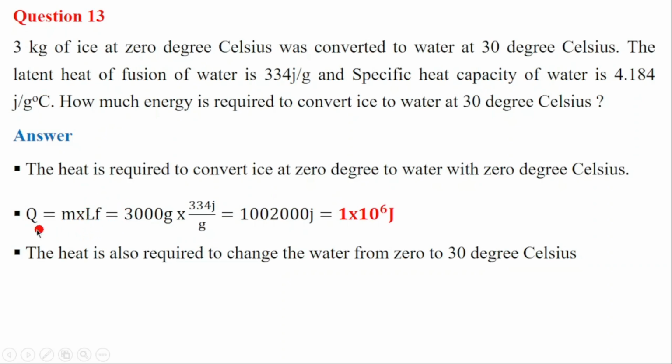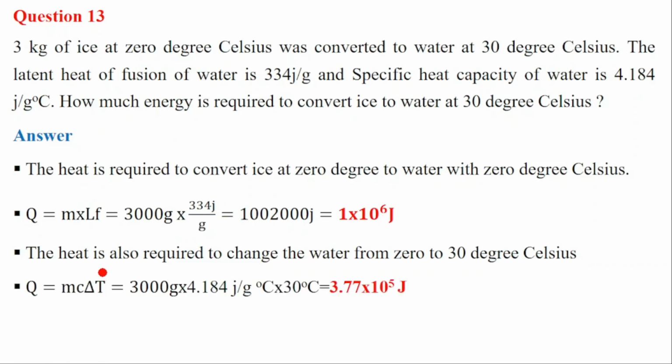So the heat is equal to the mass times the latent heat of fusion. The latent heat of fusion was given here, but if it was not given and you have the Q and the mass, then you can also calculate the latent heat of fusion.